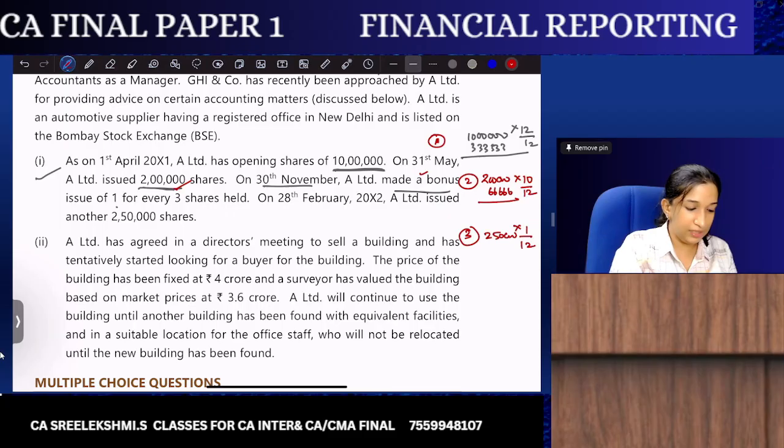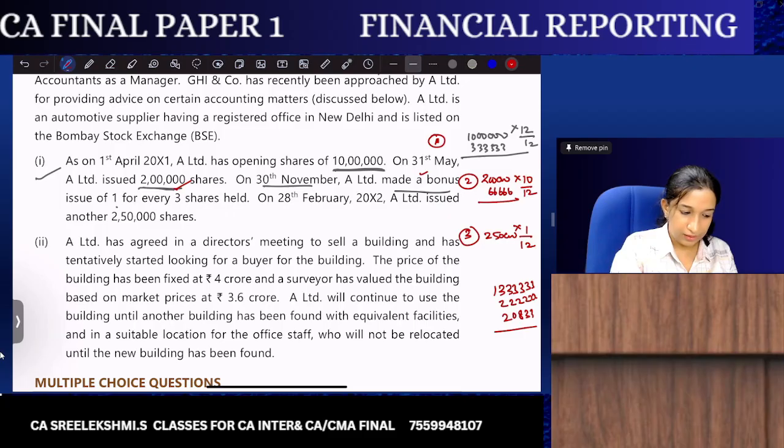So 13,33,333. Then 2,66,667 into 10 by 12 is 2,22,222. And 2,50,000 into 1 by 12 is 20,833.